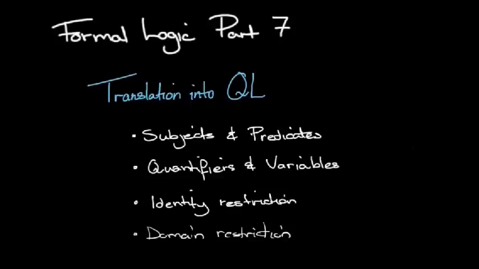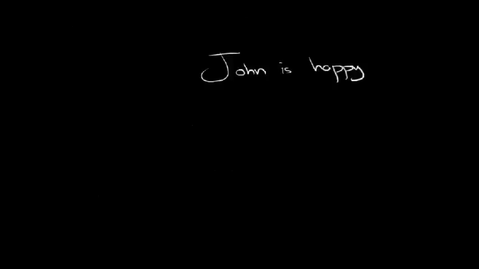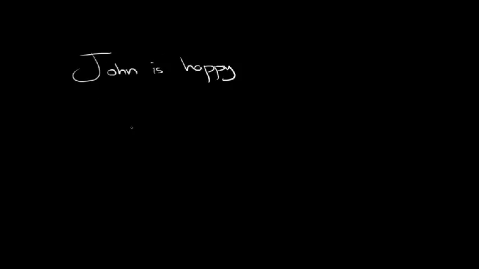So first off, let's take a look at a pretty simple English sentence: John is happy. Now when we were working with PL, we would have translated that just into a single sentence letter, J, for John is happy.